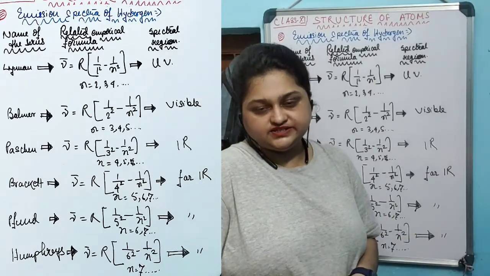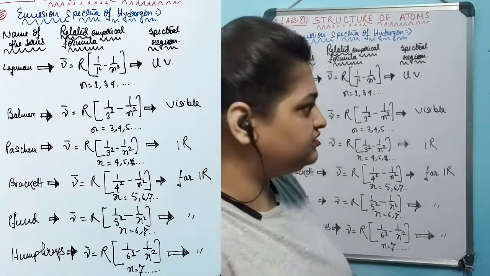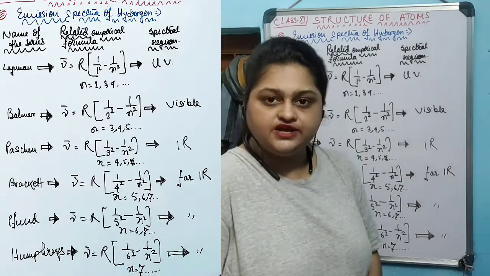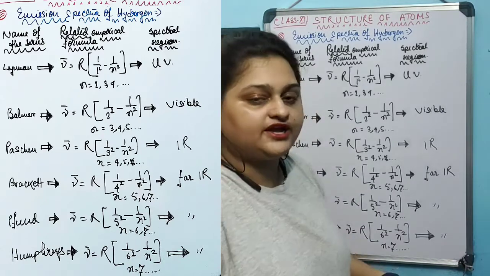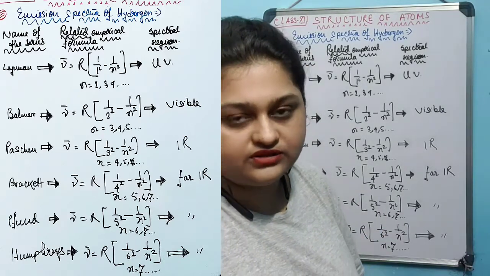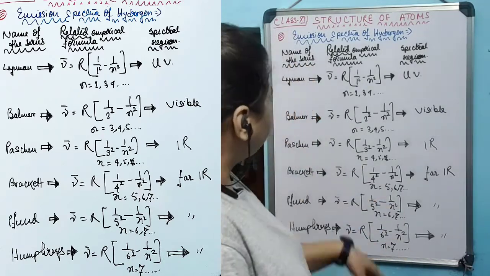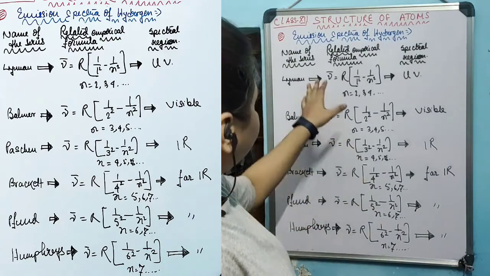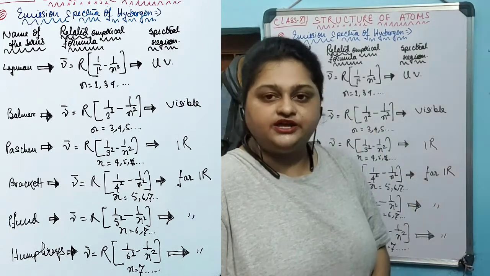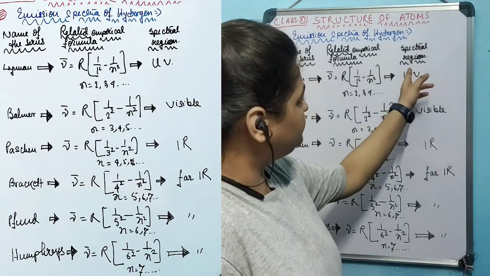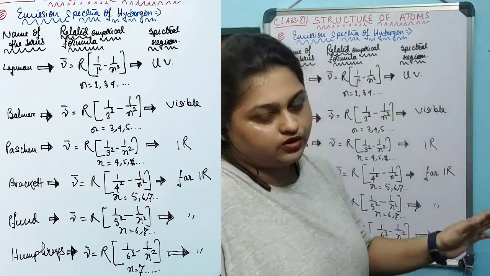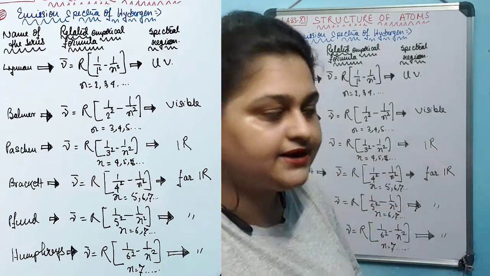When the scientists were studying the 6 different series, they concluded an empirical formula to describe the lines that they were getting. Lyman got a spectrum in which the lines were lying in the UV spectral region, so it was not visible to our naked eyes.